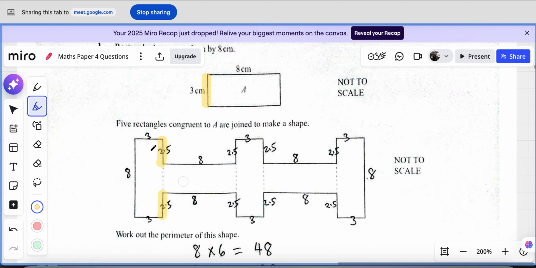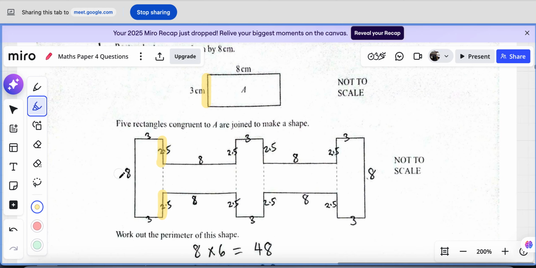We can do it like that, or you add everything one by one: 8 plus 3 plus 2.5 plus 8 plus 2.5 plus 3 plus 2.5 plus 8 plus 2.5 plus 3 plus 8 plus 3 plus 2.5 plus 8 plus 2.5 plus 3 plus 2.5 plus 8 plus 2.5 plus 3, and then you get the total. Perimeter is the total distance around the object.